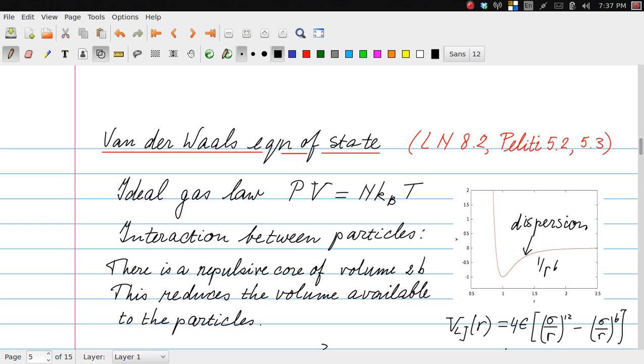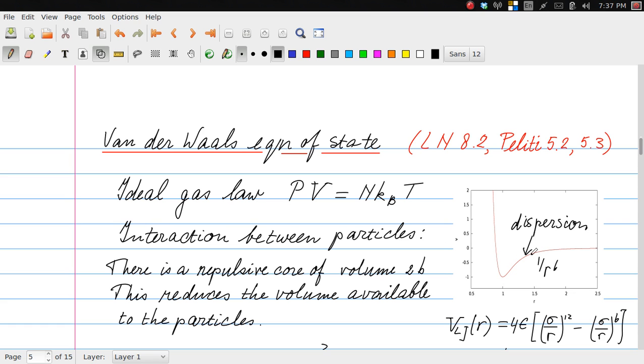We start with something we know very well, and that's the ideal gas law, which is P times V is N kB T. And that law holds for particles that do not interact, so the particles do not feel each other. That's of course not realistic. In the realistic case, the particles feel an interaction which has more or less this form. So here we see the two-particle interaction, which only depends on the distance between two particles, that distance is r, and we see that if the particles get too close, there is a high energy penalty which expresses itself in this positive potential.